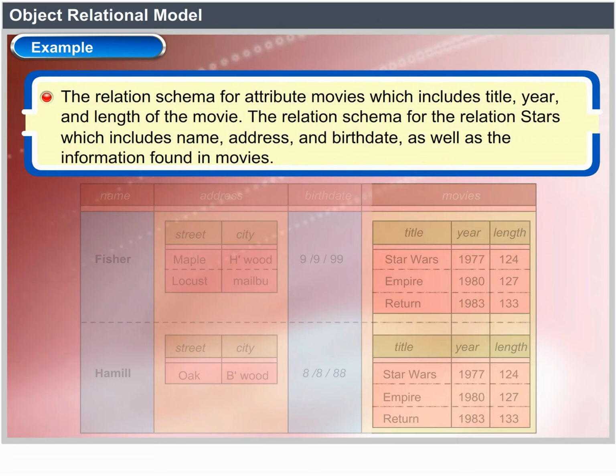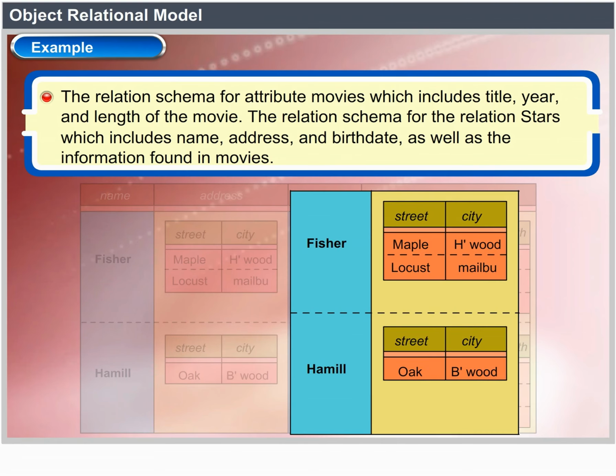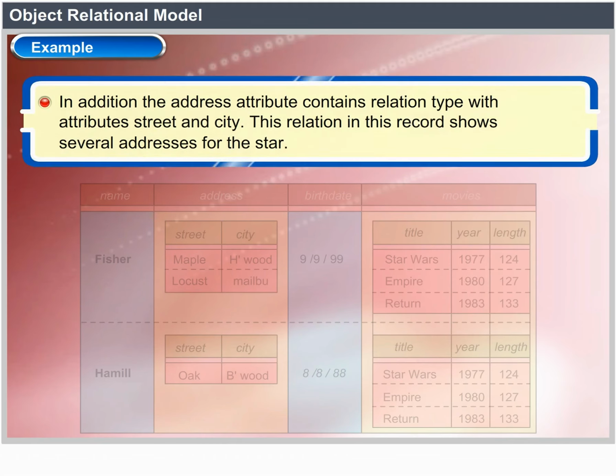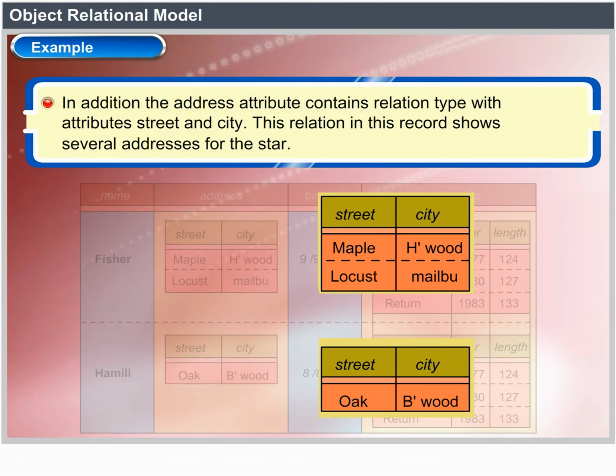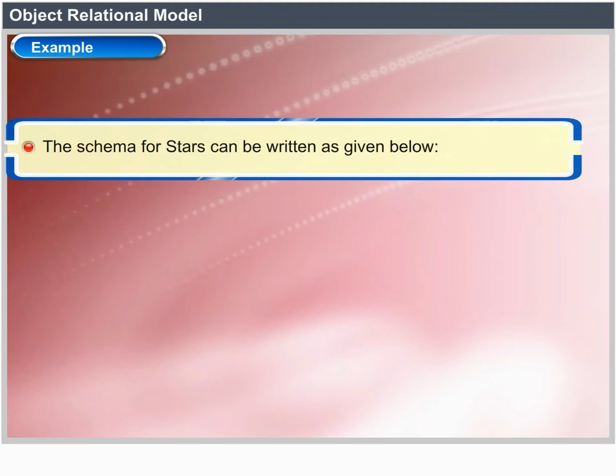The relation schema for the relation stars will include the name, address, and birth date, as well as the information found in movies. Additionally, this address attribute will have a relation type with attributes street and city. We can record in this relation several addresses for the star. The schema for stars can be written.